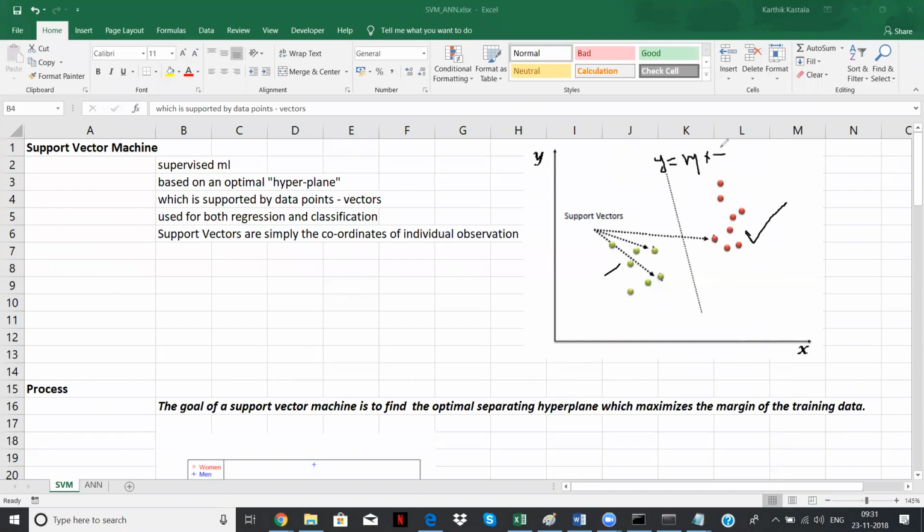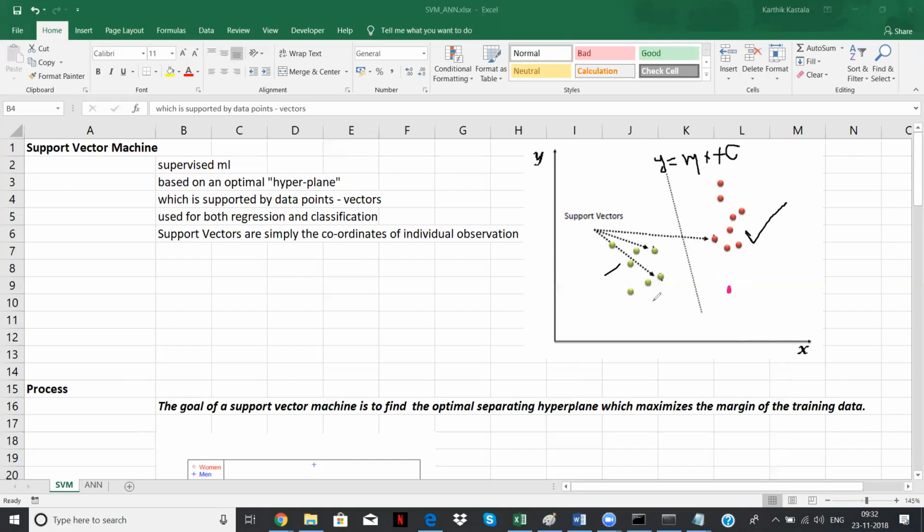Any line, I'm not just talking about an optimal line, I'm talking about any line in the form of y equals mx plus c. For example, let's say it is the line which separates this point and this point. Now, if any unseen point comes into the picture, unseen as in from your test data, let's say this point here is coming from your test data. If it is on this side of the line, it gets classified as a red class.